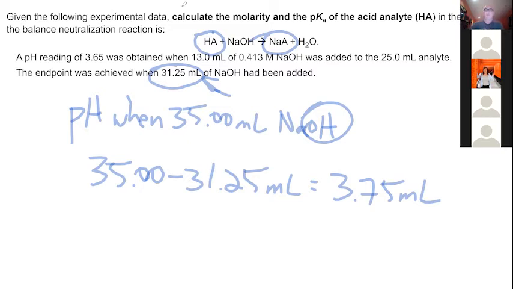So now, if we have a volume of hydroxide and a concentration of hydroxide, what can we figure out with that? We can figure out molarity eventually, but what will just the concentration and the volume give me?